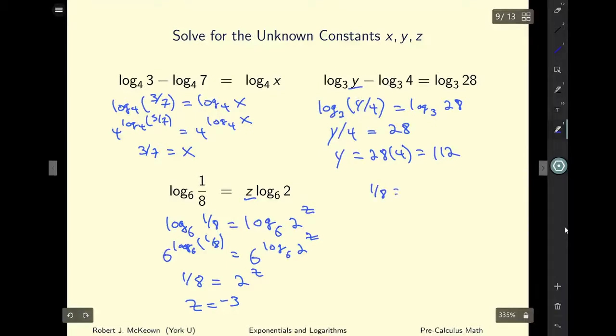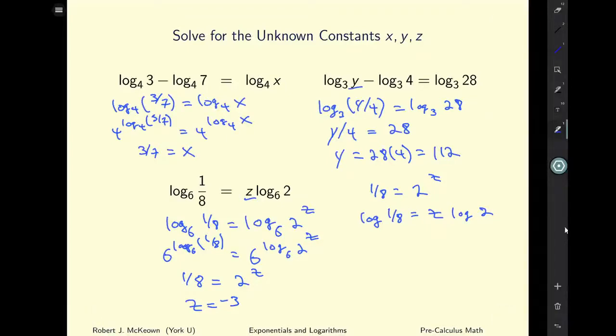If I wanted to try and algebraically solve this thing, I'd probably use, well, let's use log base 10. So I take the log base 10 of both sides. So I'm going to have log base 10 of 1 over 8 is equal to z log base 10 of 2. And now I want to isolate that z, so I'm going to divide both sides of the expression by log 2.